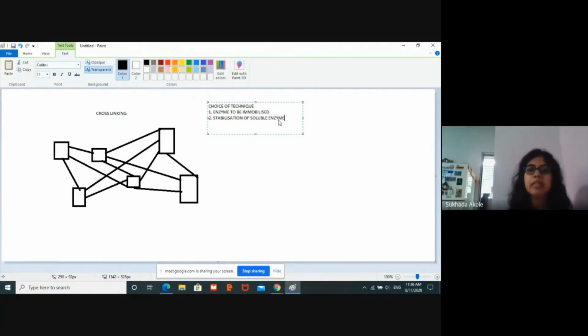This is one of the major criteria in choosing an immobilization technique because आपने immobilize करने के बाद वो enzyme जो है वो stable होना चाहिए. अगर stable ही नहीं होगा तो आपका जो end product है वो ठीक से नहीं बनेगा. Okay. So what are the different ways of stabilizing an enzyme? So not ways basically, what are the things that you need to know for stabilization?